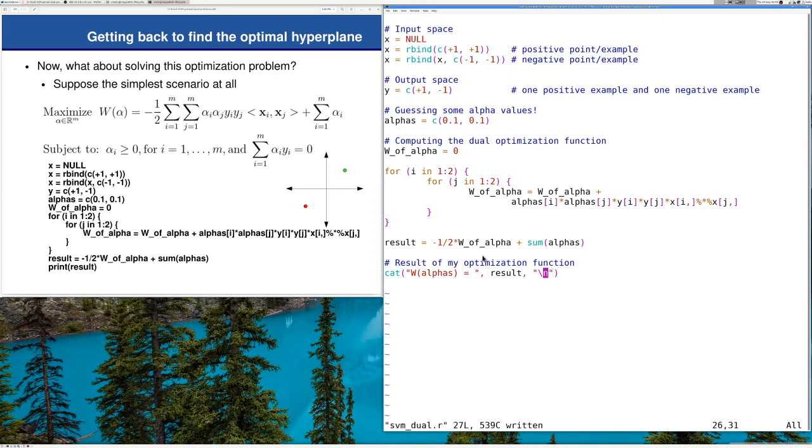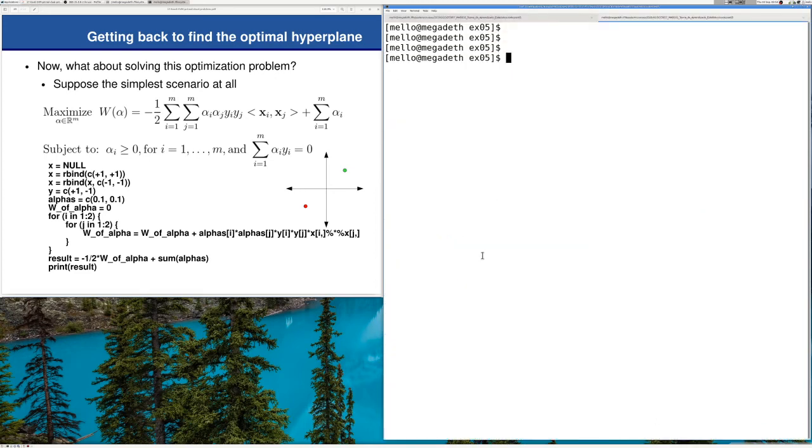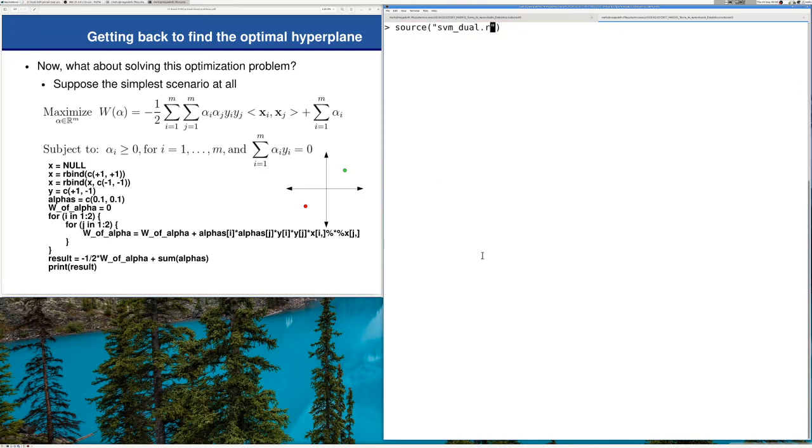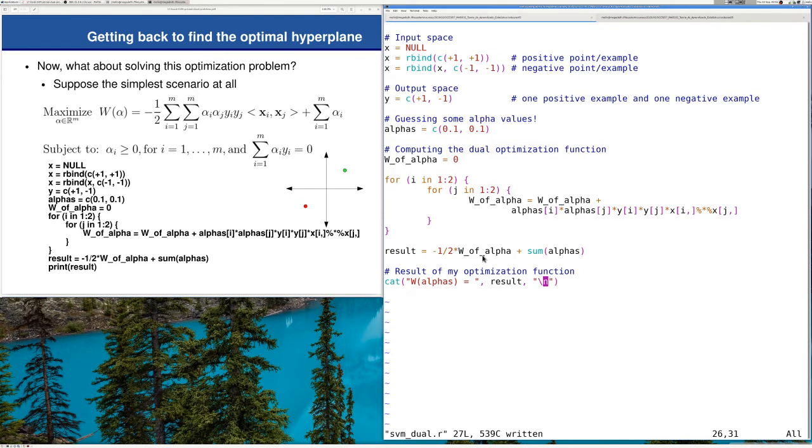Let's see the result. I'm going to open another terminal, then R, and then load my code. What's the name? Oh yeah, SVM dual. That's my result, 0.16. What happens if I try different values? I could try 0.5, 0.5.